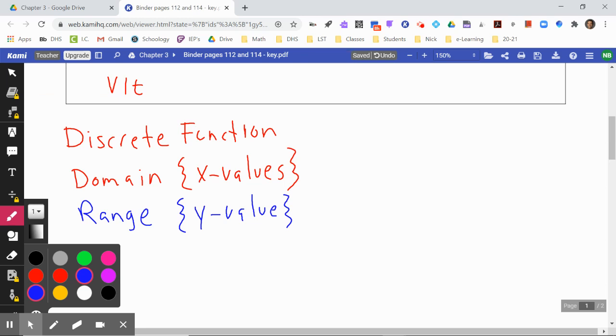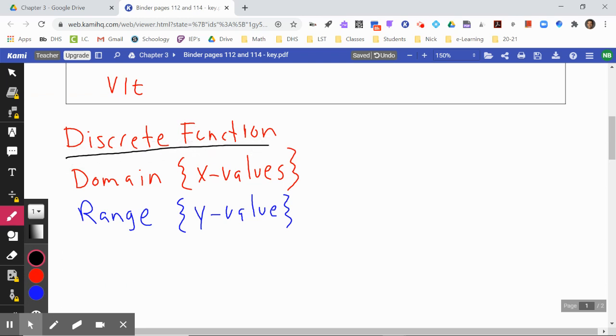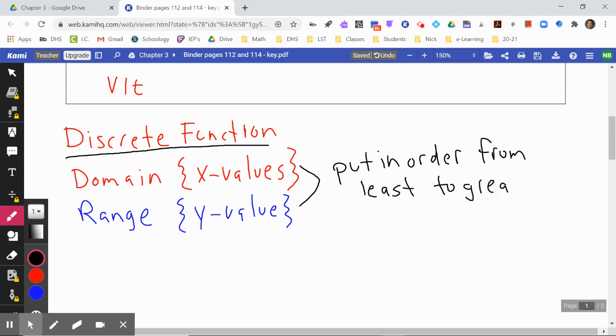However, for both of these, there are a couple extra rules I need to remember for my discrete function when listing out my domain and range. And here are those two rules. For both of these, we're going to put them in order from least to greatest.